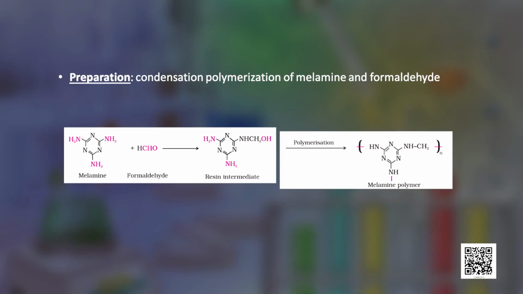Another condensation polymer that is used in making unbreakable crockery is melamine formaldehyde polymer, and it is prepared by the condensation polymerization of melamine and formaldehyde. The sequence of steps in the reaction are depicted in the equation.